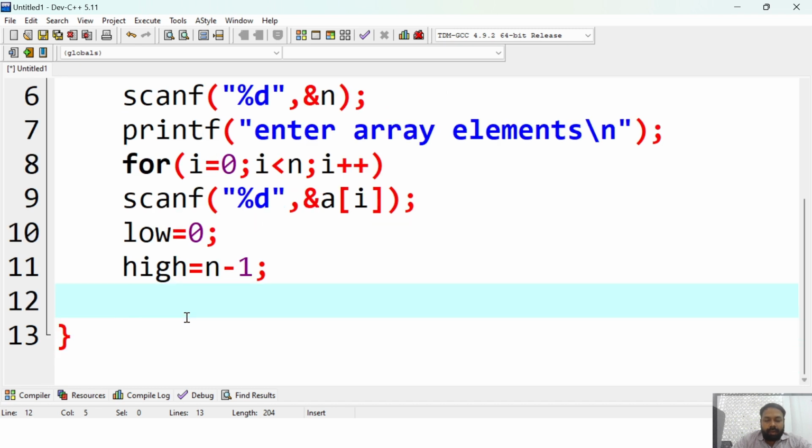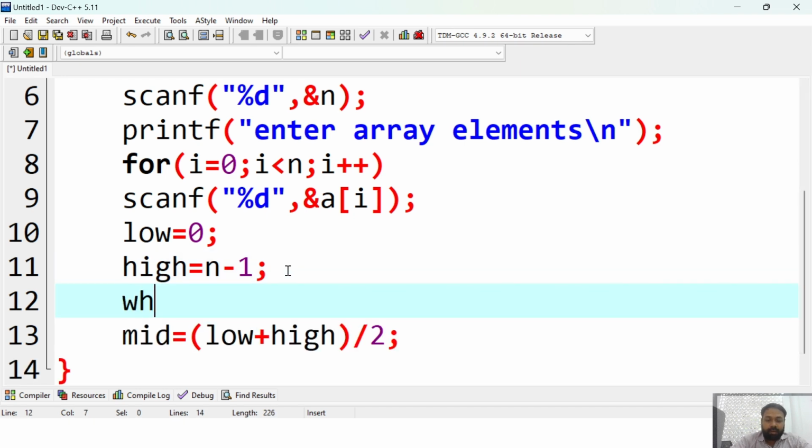Now what you need to apply? You need to apply the logic mid equals low plus high by 2. But you observe in the diagram that the same logic is being applied repeatedly. That's why I'm taking a while loop here: while low is less than or equal to high.